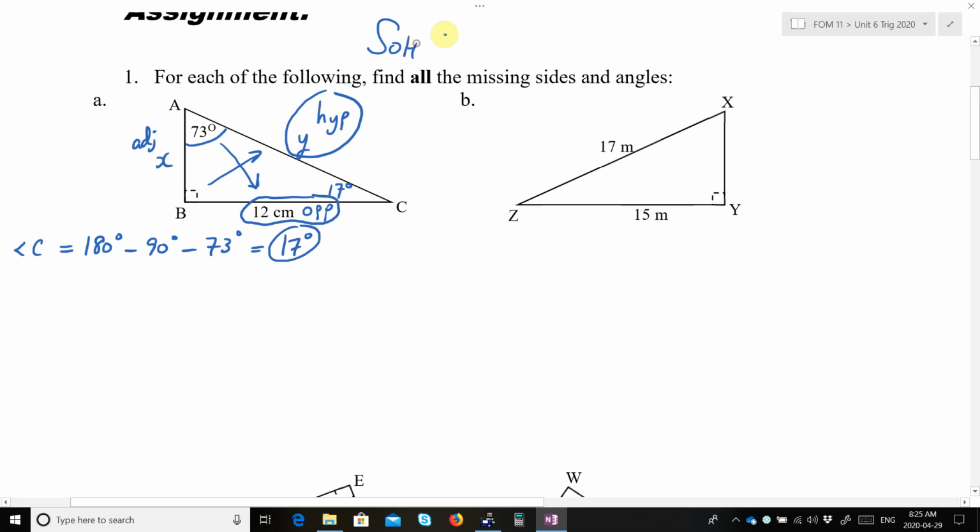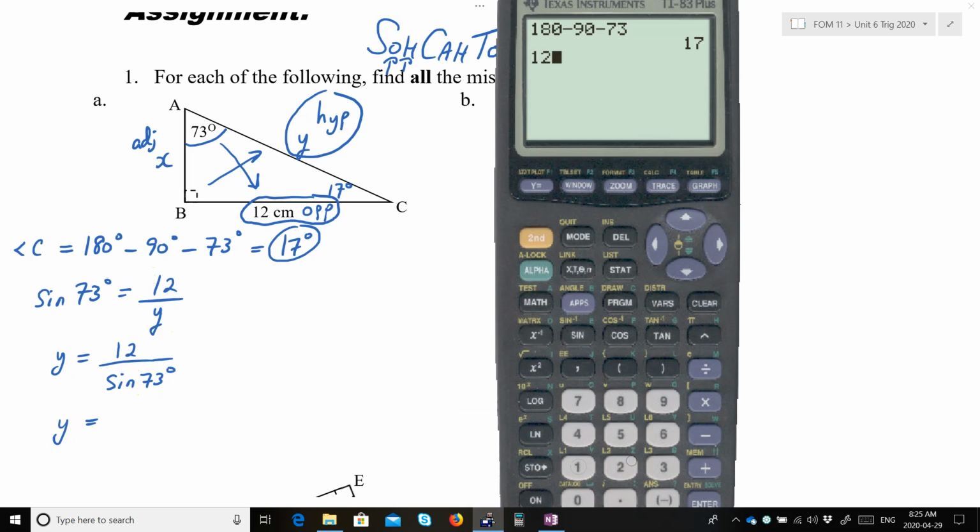So we'll do SOHCAHTOA. We have the opposite. We're looking for the hypotenuse, so that's sine. So I would go sine of 73 degrees is equal to opposite divided by hypotenuse, and then solve this for y. Y is equal to 12 divided by sine 73 degrees.